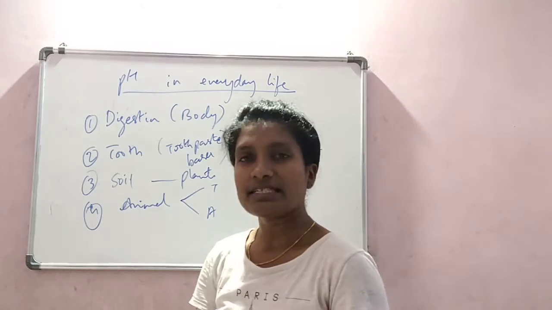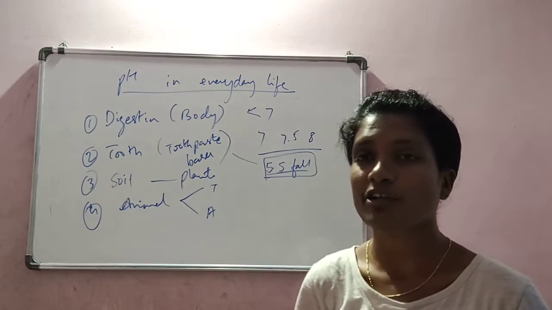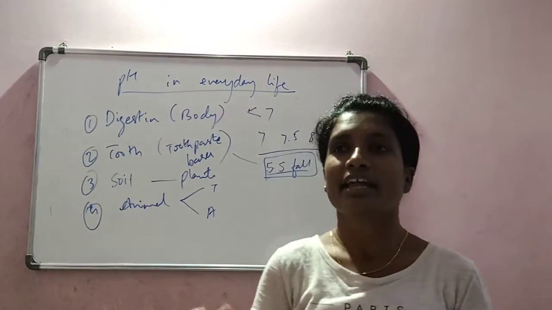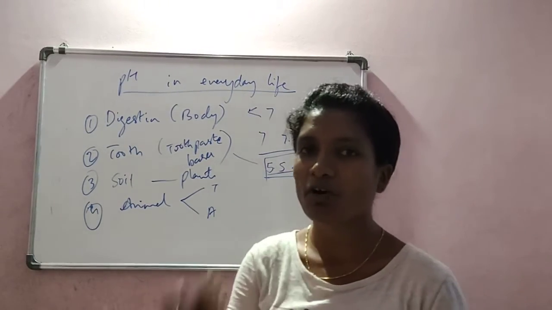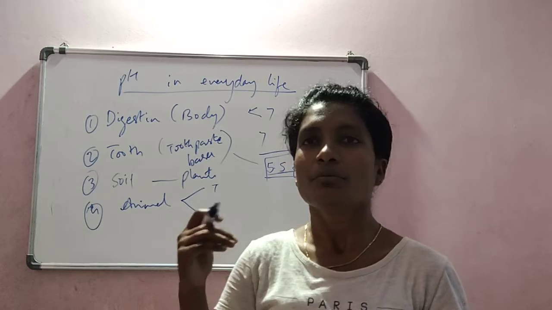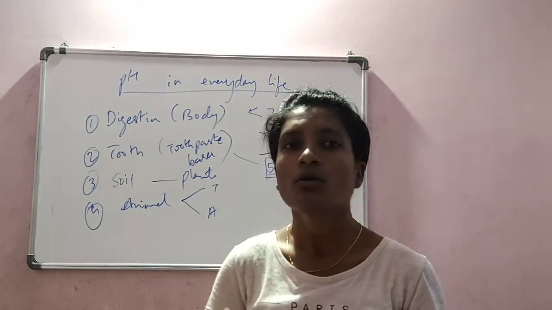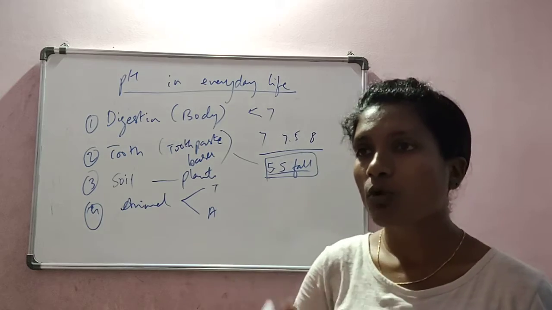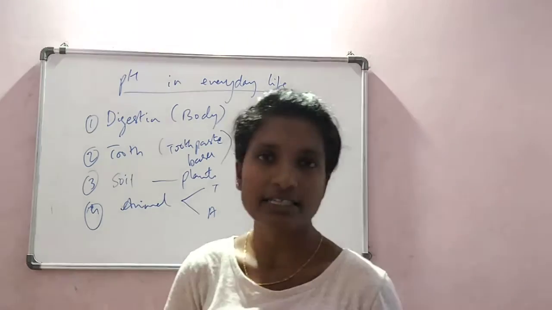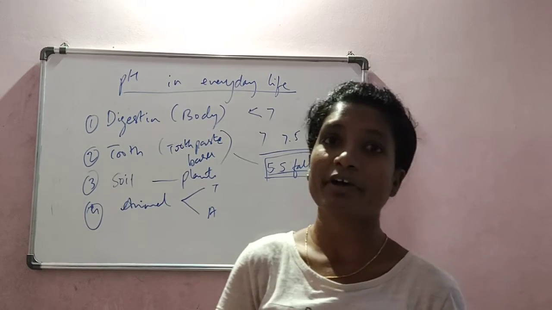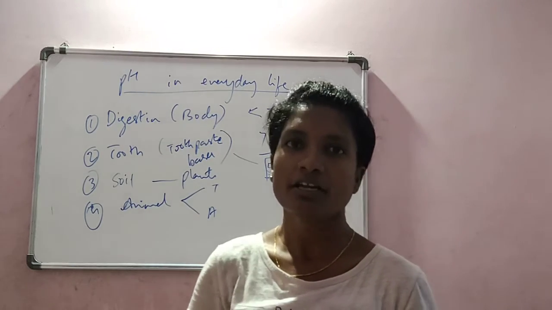Coming to the plants and animals which are more sensitive to pH changes. Soil, since it gets the rainwater or the farmers keep on spraying the fertilizers, gets acidic very often. So we need to avoid that acidity, because acidic condition will spoil the growth of plants, or there will be biomagnification, which we studied in our environment.